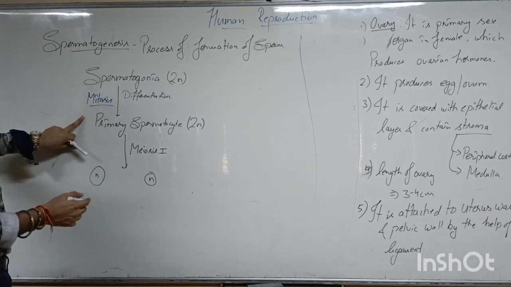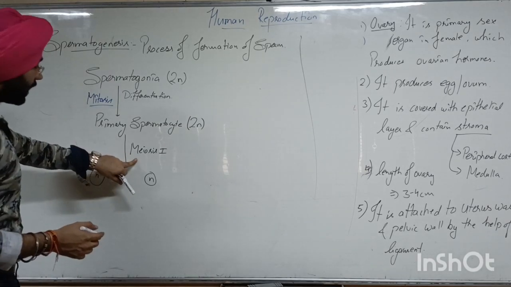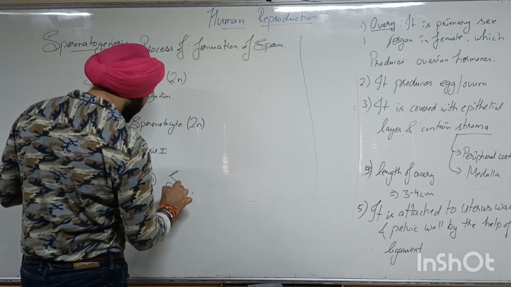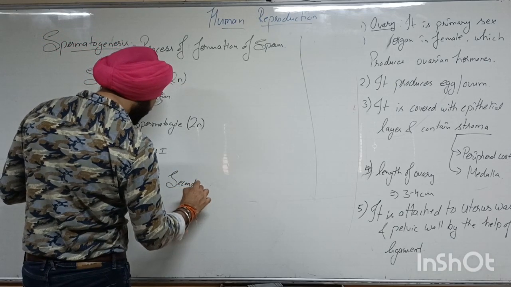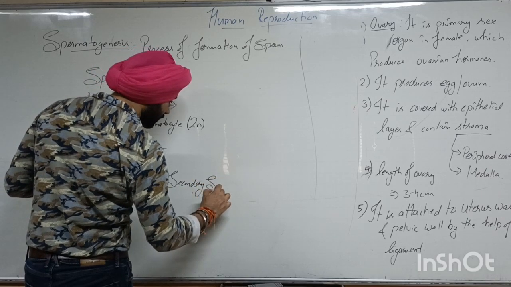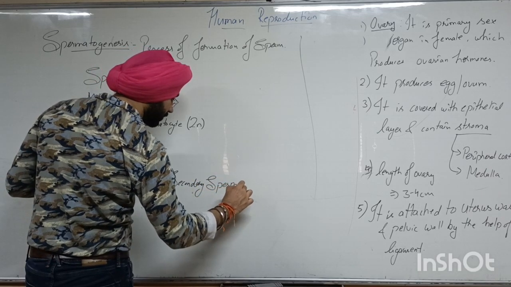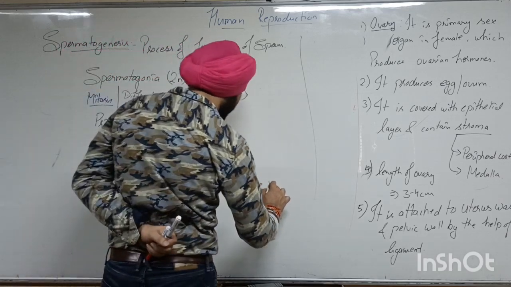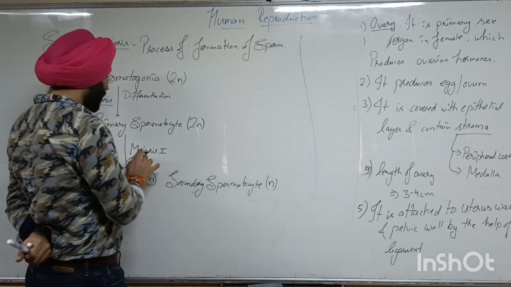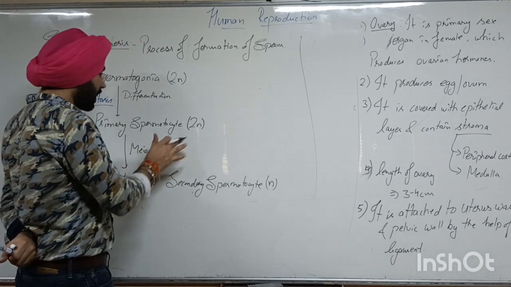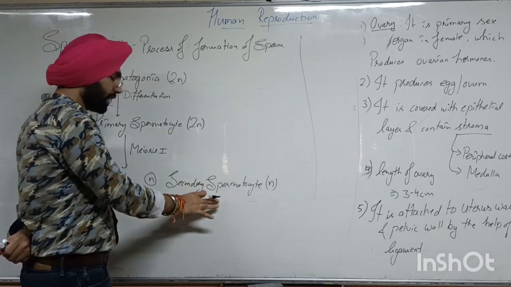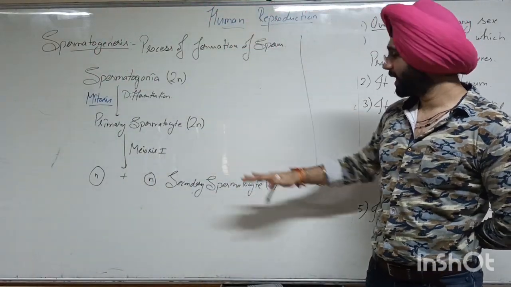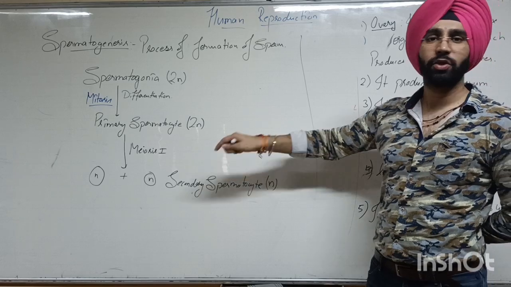So after primary spermatocyte and meiosis first, these cells are known as secondary spermatocyte, which is of n ploidy. So now you can understand that after meiosis first, from primary spermatocyte to secondary spermatocyte, the ploidy has changed. First it was diploid and now it has become haploid.